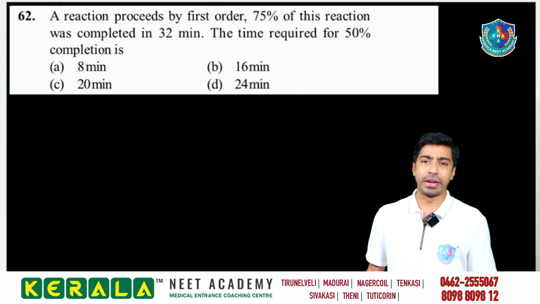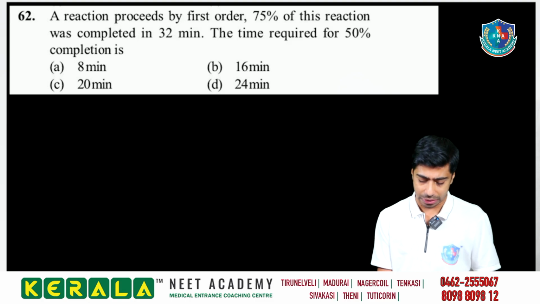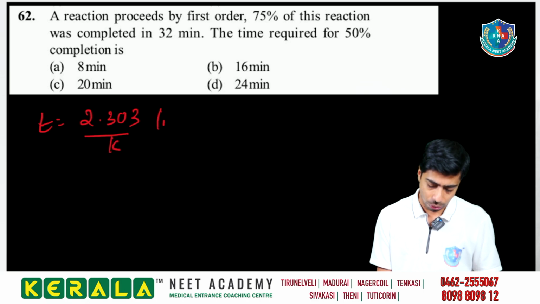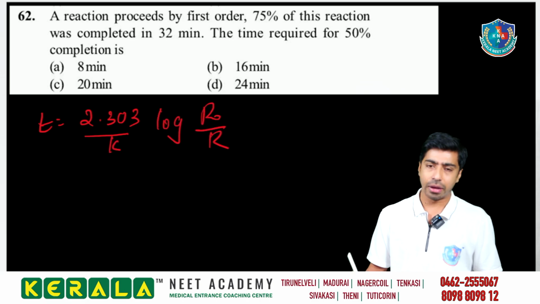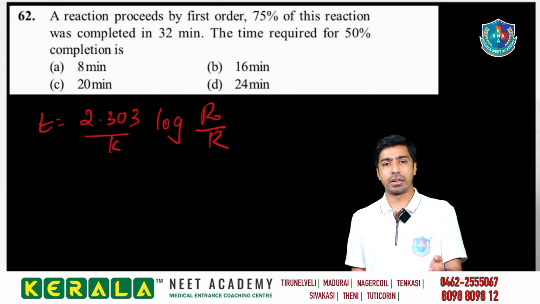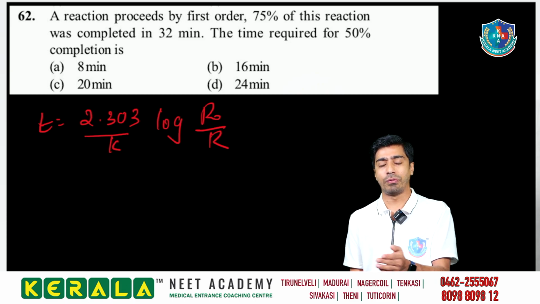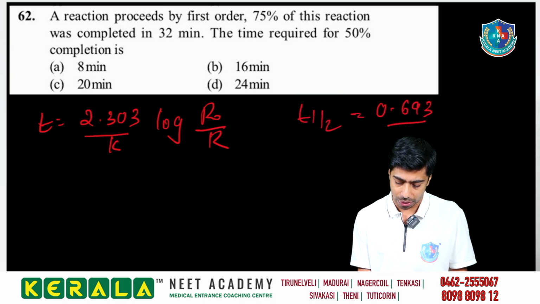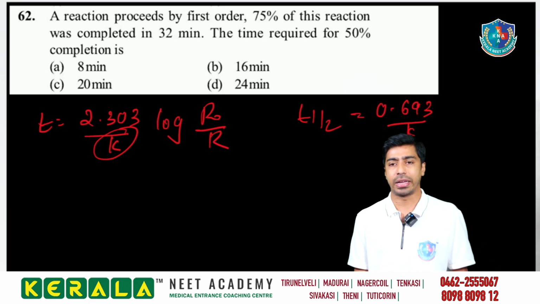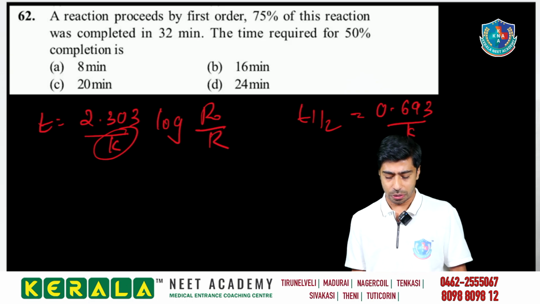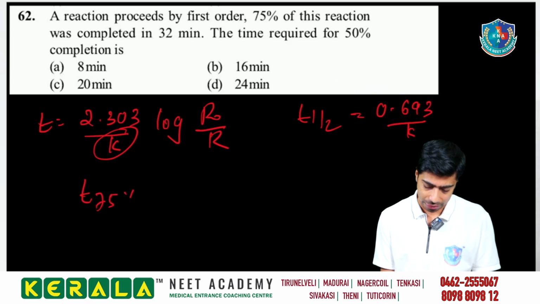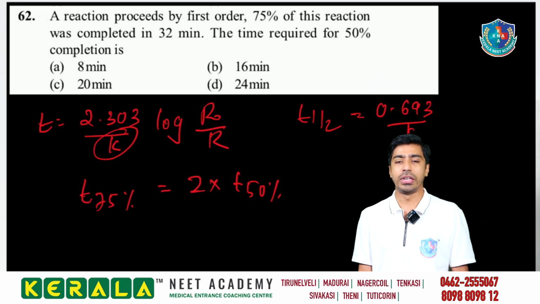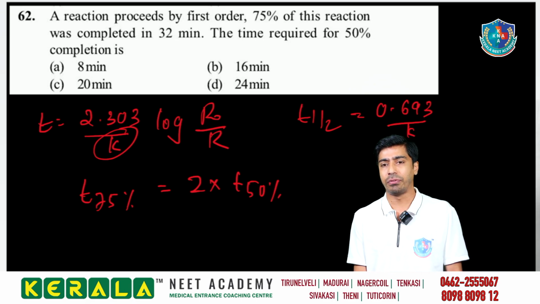Either we can go by the direct method, using the equation T is equal to 2.303 by K log R0 by R. Time required for 50% completion means we need to calculate T half, that's equal to 0.693 divided by K. So from this equation first we have to calculate K. But here it is not required because we have a relation: T75% is equal to 2 into T50%. T75 is twice the time required to complete 50%.